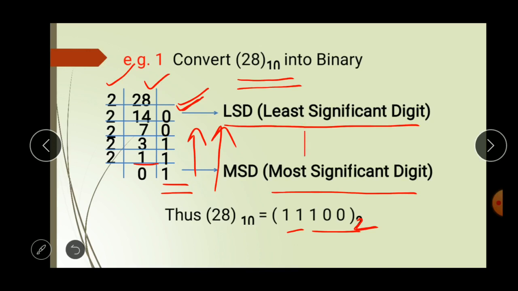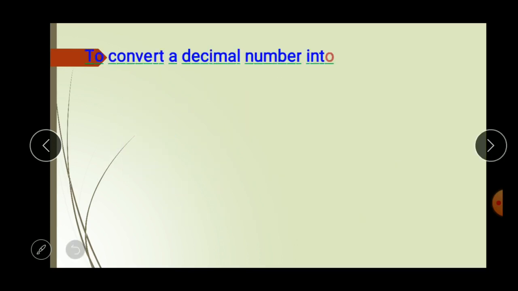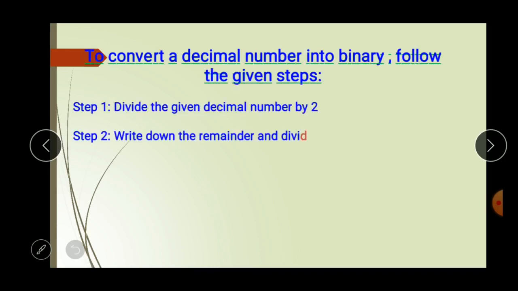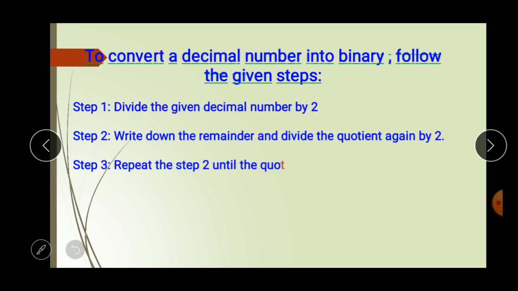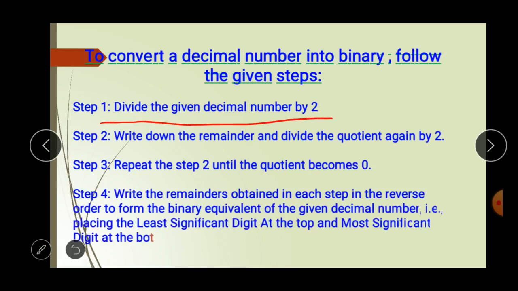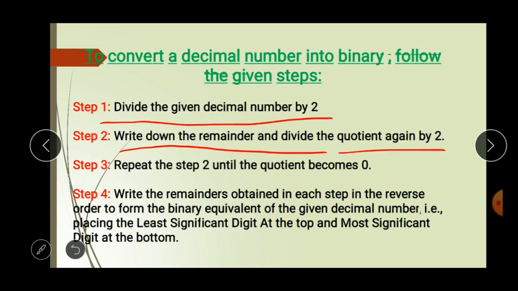So was this process easy to understand? Let us have more examples. But before the next example, let us go through the steps to convert a decimal into binary. The first step is to divide the given decimal number by 2, write down the remainder and divide the quotient again by 2.